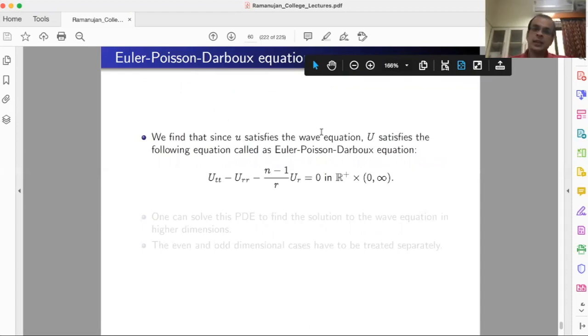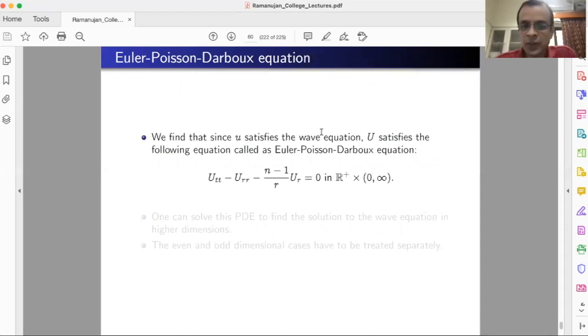So what we have is that the big U satisfies what is called the famous Euler-Poisson-Darboux equation. This is in R plus cross 0 infinity because r is considered positive. So U_tt minus U_rr minus (n minus 1) by r U_r is equal to 0.